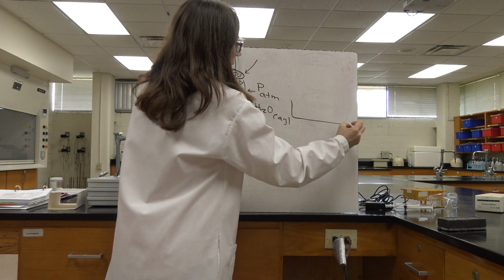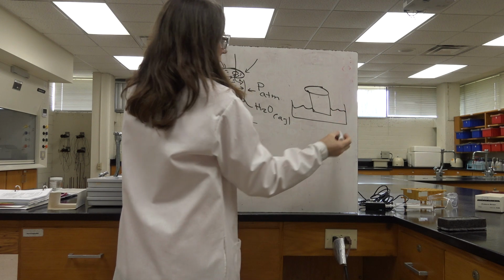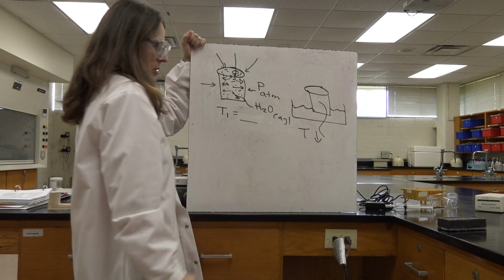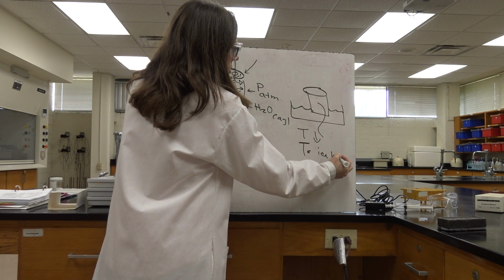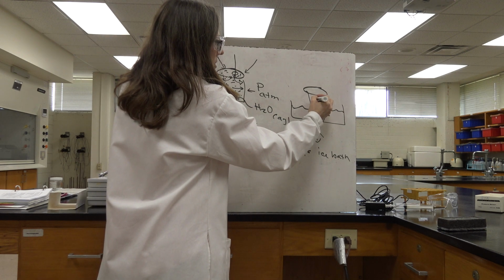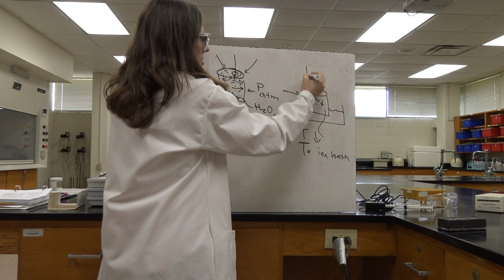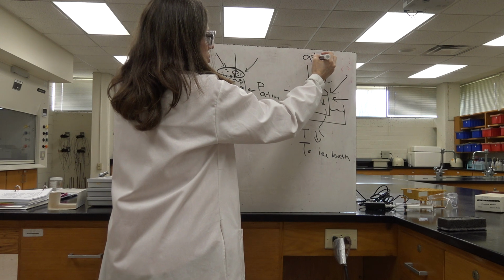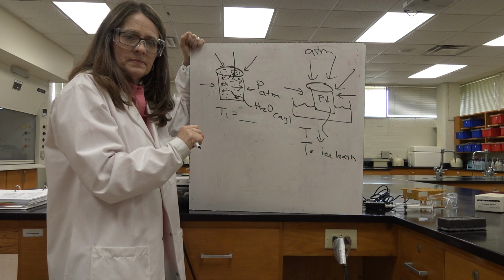But when we put the can in the water bath, the temperature inside the can goes down. That temperature is equal to the ice bath temperature, and that means the pressure inside the can is going to go down. But what happens to the pressure outside the can? The atmospheric pressure stays the same and the can collapses.